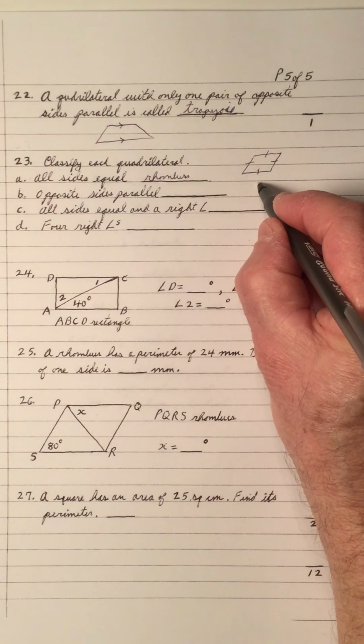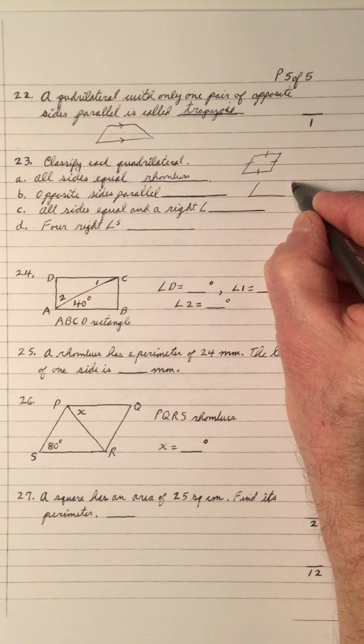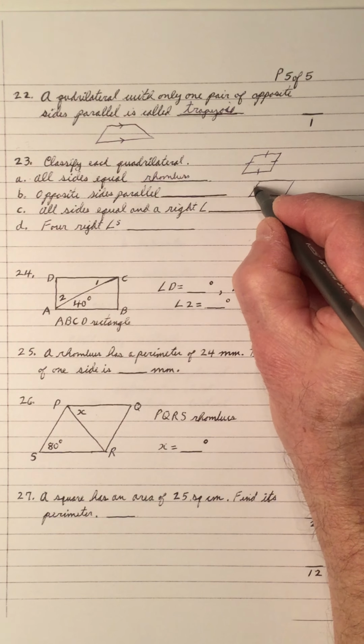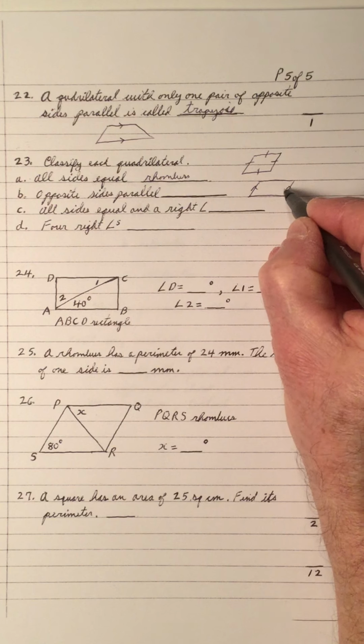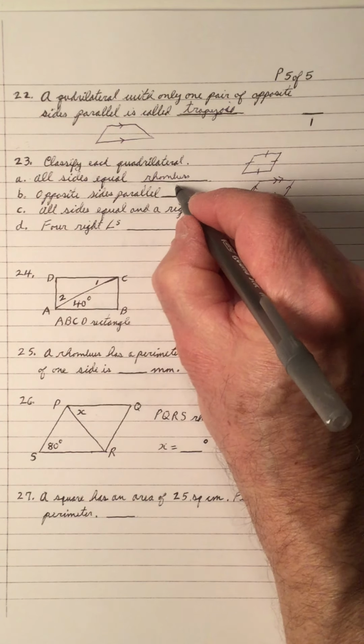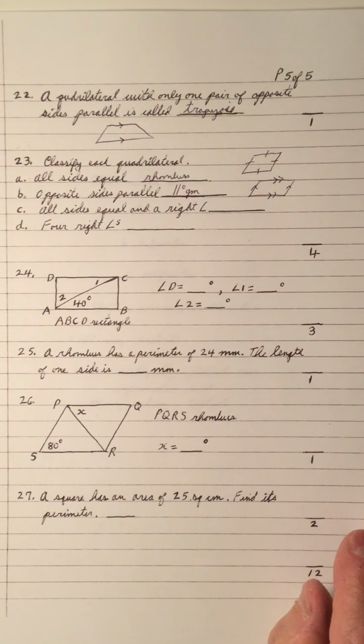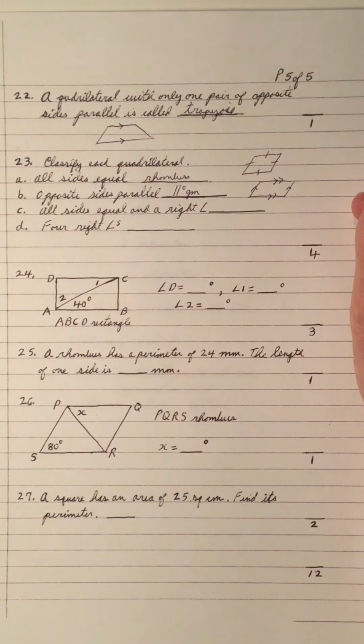Opposite sides are parallel, so that means I've got two pairs of opposites. That side is parallel to that side, and that one is parallel to that one. That's called a parallelogram. Parallel lines, ogram. Short abbreviation.